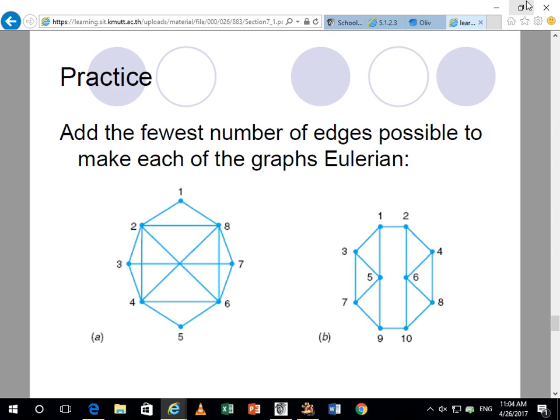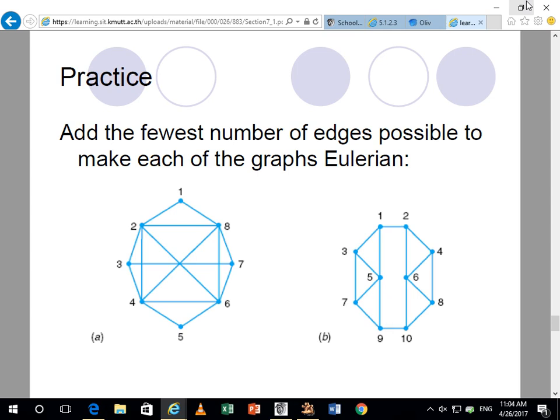In any graph, this is actually another theorem: the sum of the degrees of the vertices is equal to twice the number of edges. That's what I told you. We counted 22 as the sum of degrees of nodes, and we have 11 edges. So that's satisfied. We can express it in this form: summing the degrees of all the nodes equals 2 times the number of edges, where m is the number of edges.